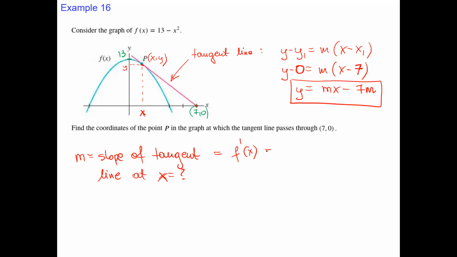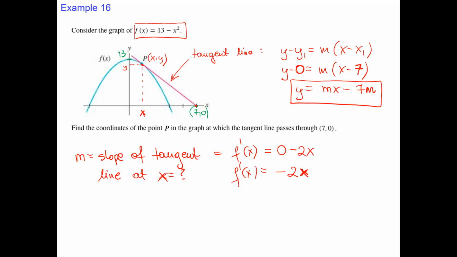Let's find out. The derivative of the function 13 minus x squared is the derivative of 13, which is 0, minus the derivative of x squared, which is 2x. It means the slope is defined as negative 2x, but we still don't have that x.